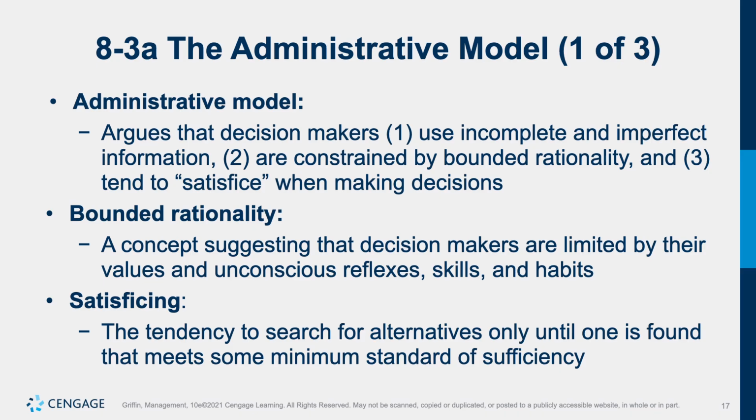Now, bounded rationality is a concept that indicates that decision makers are limited by their values and unconscious reflexes, skills, and habits. These are founded on how much knowledge, experience, or exposure the decision maker or manager has been availed.